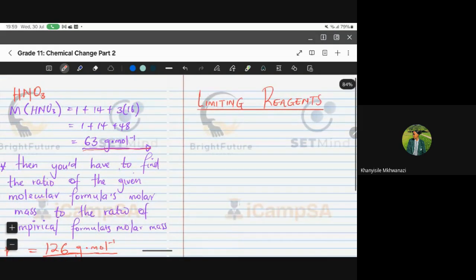Okay, now, how would it look in a chemical reaction? Let's see.